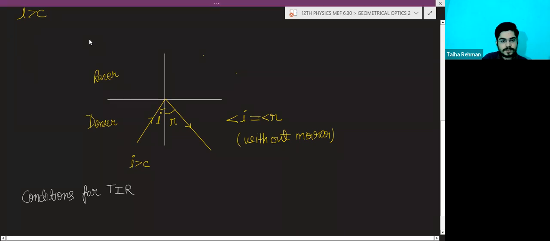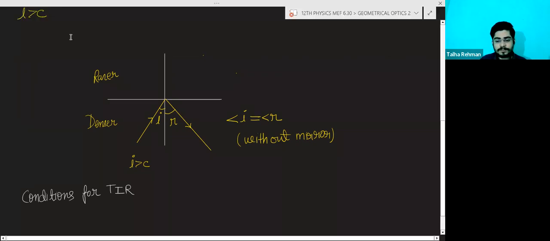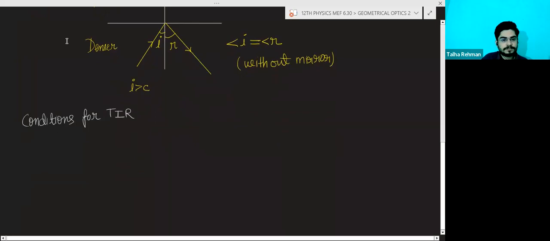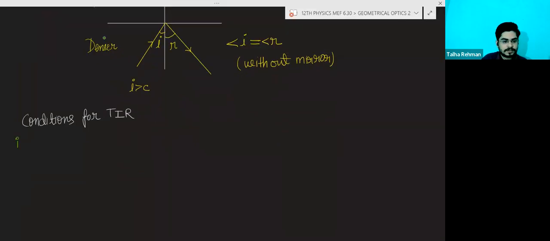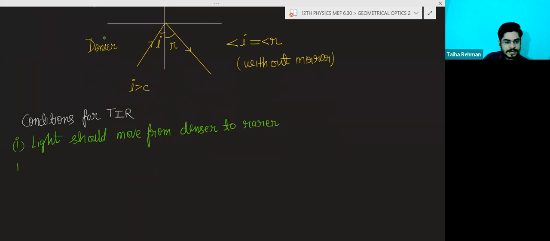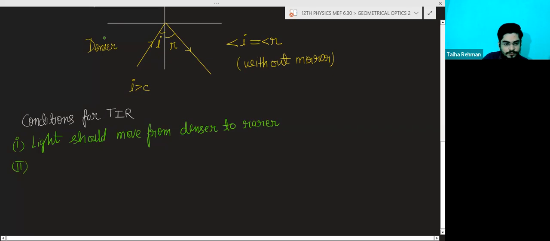First condition is light should move from denser to rarer medium. Second condition, the angle of incidence must be greater than the critical angle.